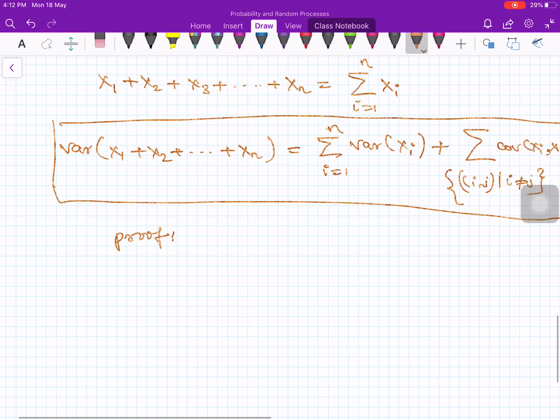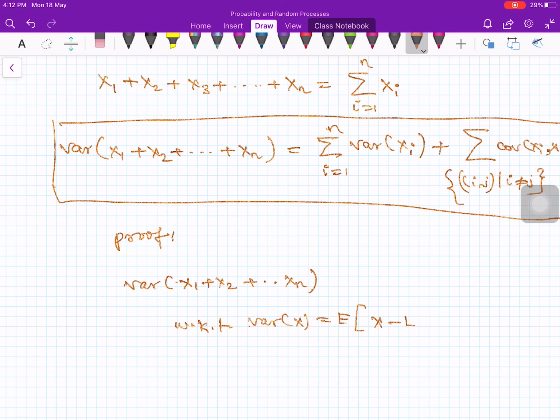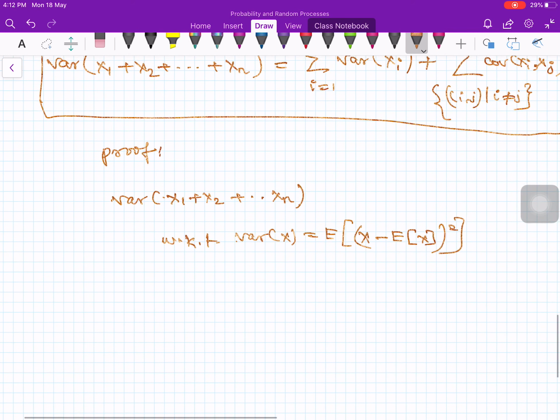Okay, proof. On the left hand side we have the variance of x1 plus x2 plus up to xn. But we know the general formula. What is the general formula? If you have only one random variable, then the variance of x is equal to the expected value of x minus E of x, the whole square. So instead of x I have many random variables.